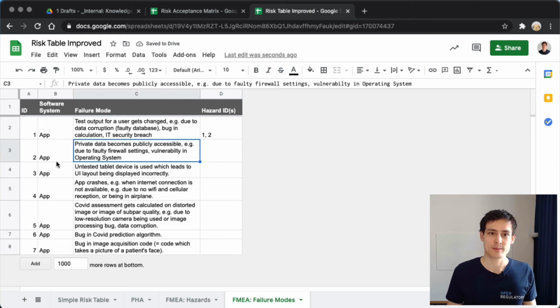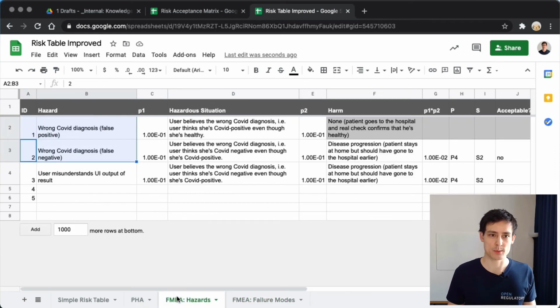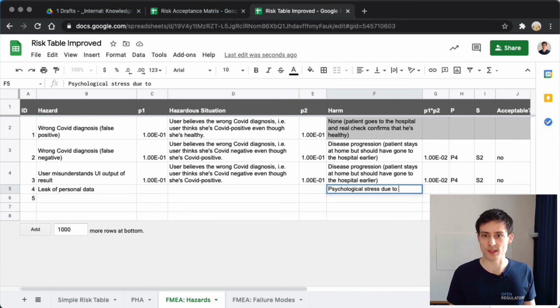Okay, next thing, private data becomes publicly accessible. Do we have that hazard? No, we really don't. The hazard would be, this is a bit redundant, but I would say a leak of personal data. Ultimately, the harm could be psychological stress due to data privacy, due to personal data being available publicly.